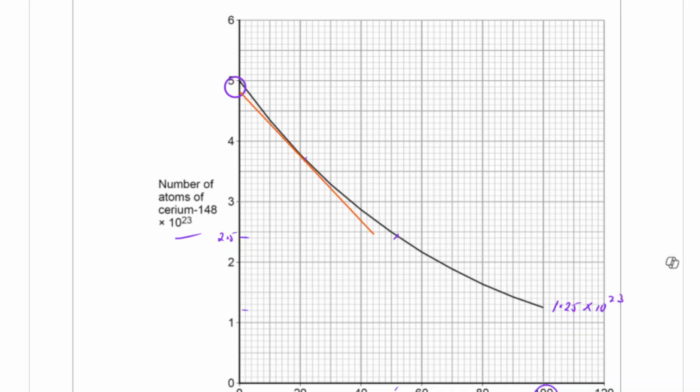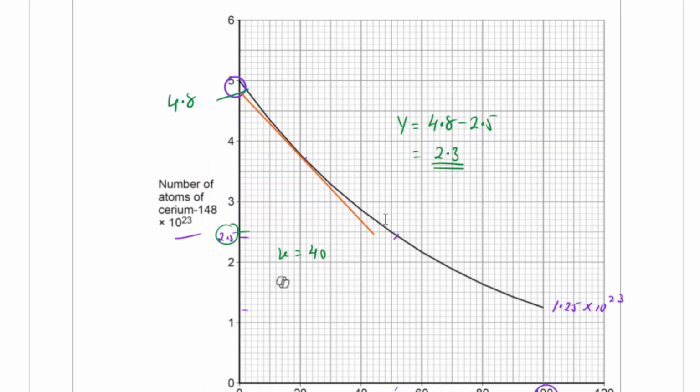If I take the value here, say 4.8, and here it's 2.5, the y value is 4.8 minus 2.5, that's 2.3, and the time, or the x value, is 40.